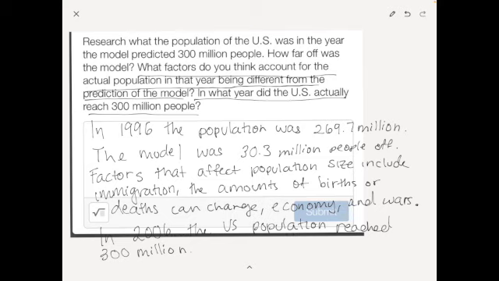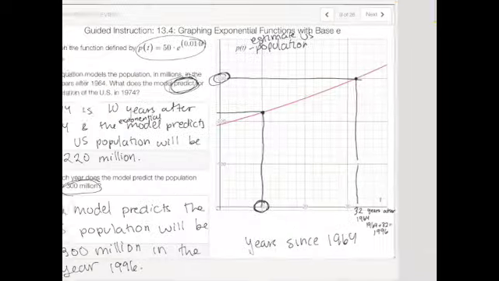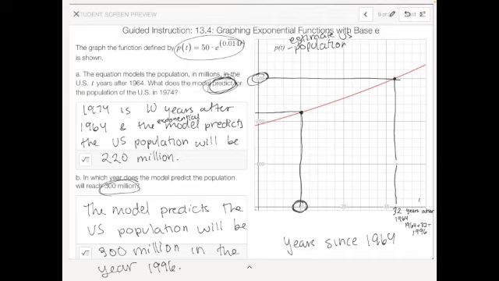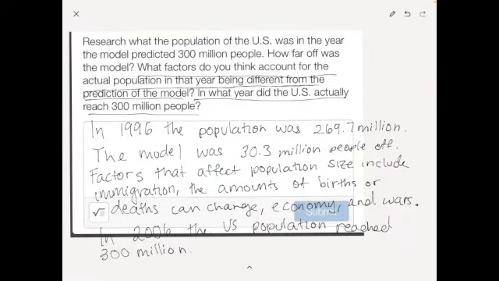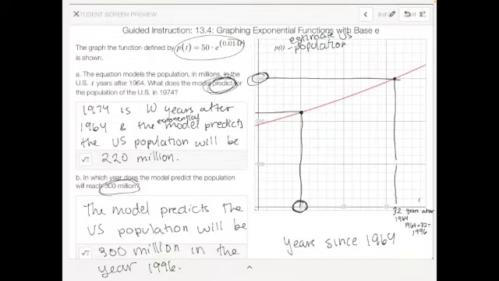You can always double check. But the U.S. population reached 300 million in the year 2006. So it turns out that was about 10 years later than what that exponential model originally predicted. And the reason why is because of all those different factors that we just talked about.